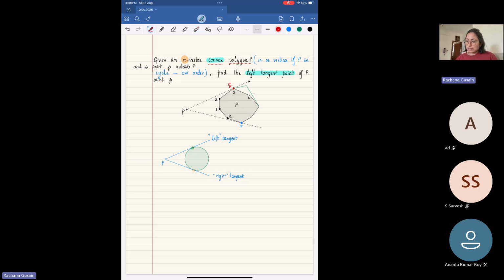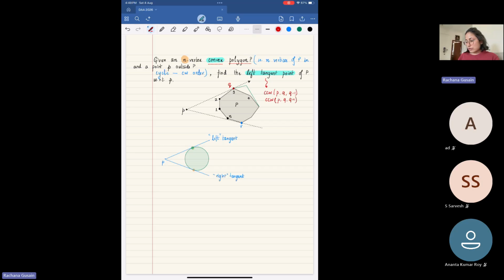How do we do that? I'm just going to write the main key property of the left tangent point here. CCW of P, Q, Q minus 1, and CCW of P, Q, Q plus 1.